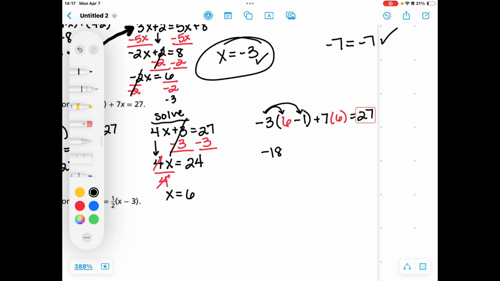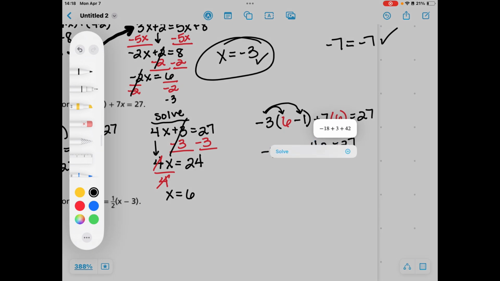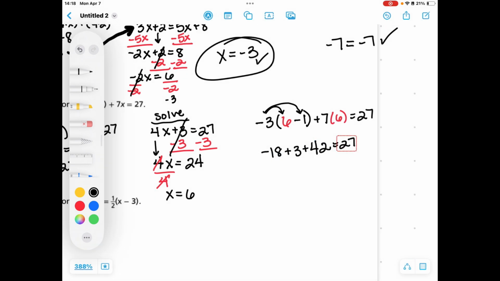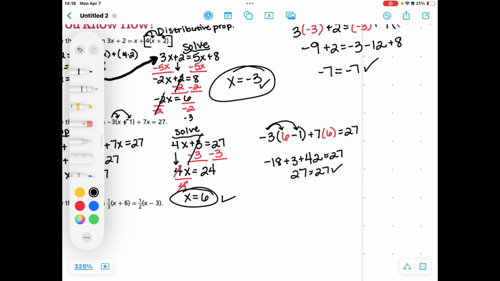That's a -18 plus 3 plus 42 equals a 27. -18 plus 3. Oh, that's going to help me out. No, it did not help me out. That's going to be a -15 plus 42 will give us a 27. So that lets us know that the 6 is a valid answer, the only valid answer.